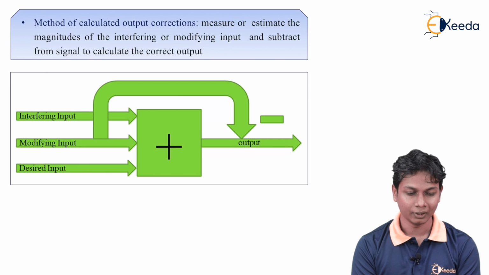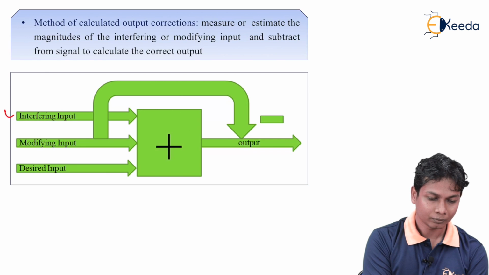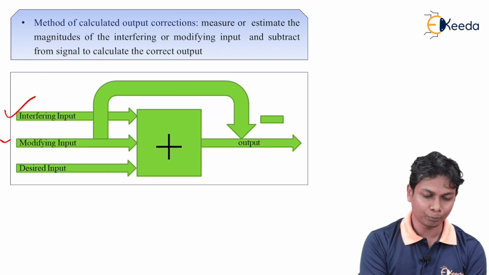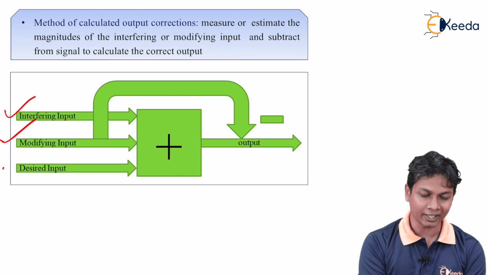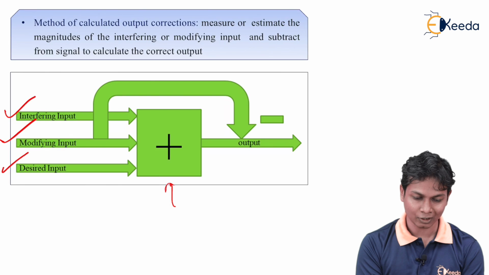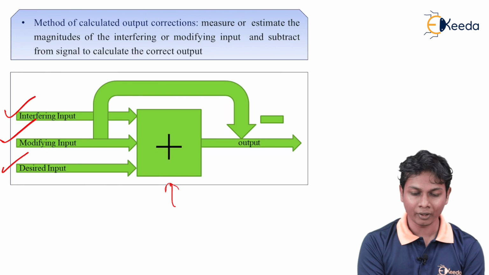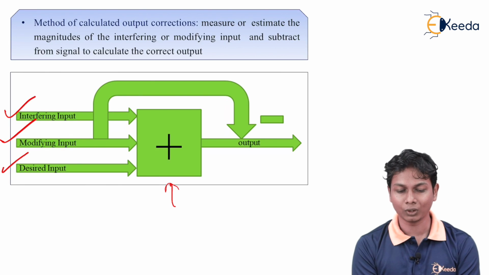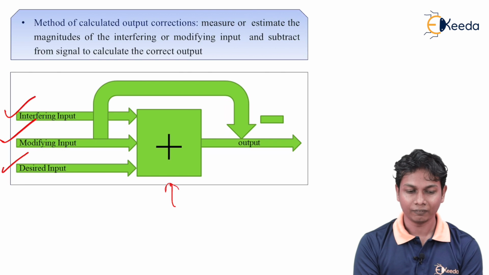See in the diagram, the interfering input, modifying input and the desired input are again applied to this particular system, and again the modifying input is connected to the output, which is given for the calculation of output correction.